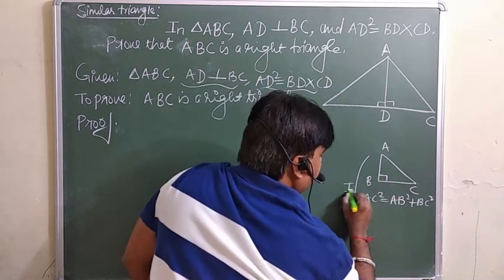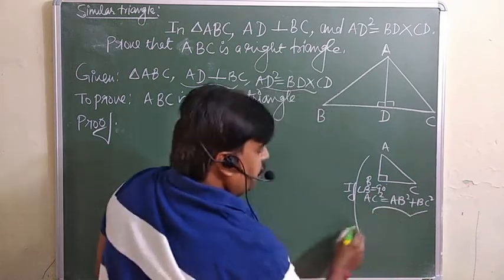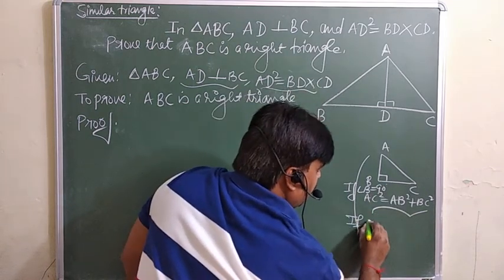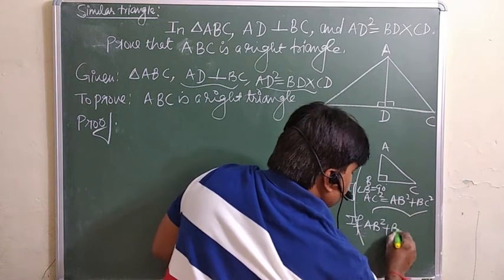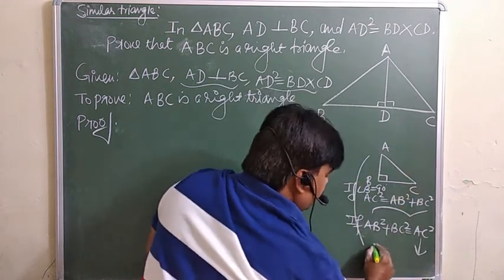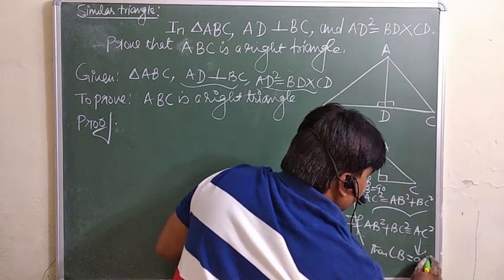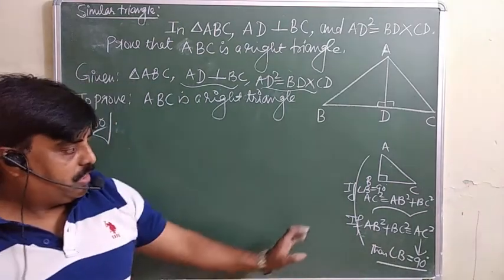Here, if angle B is equal to 90, then this is true. If AB square plus BC square is equal to AC square, then angle B will be equal to 90. This is your converse of the Pythagoras.